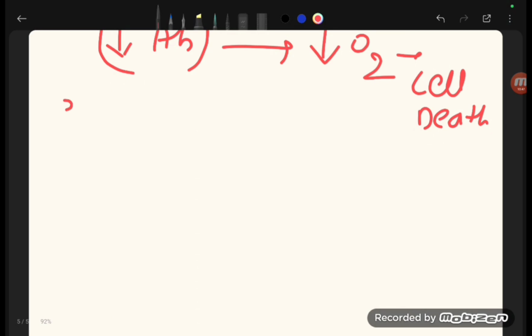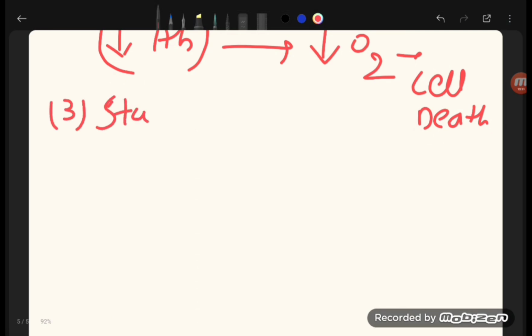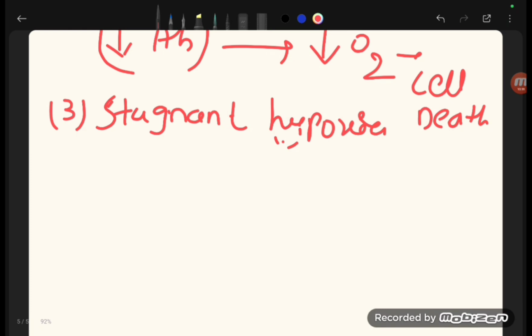The third case is stagnant hypoxia. What is the meaning of stagnant?